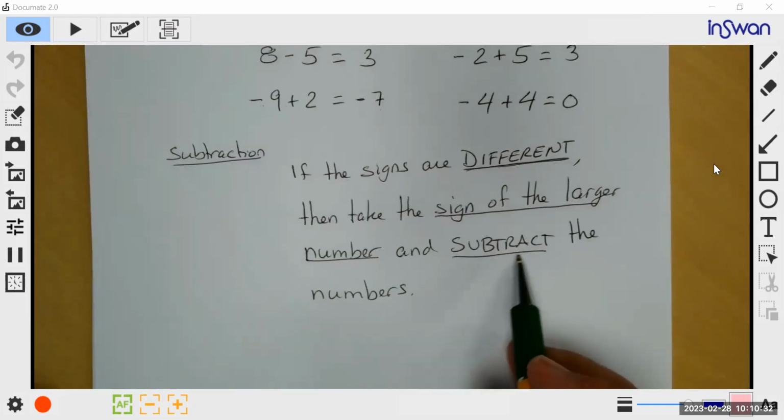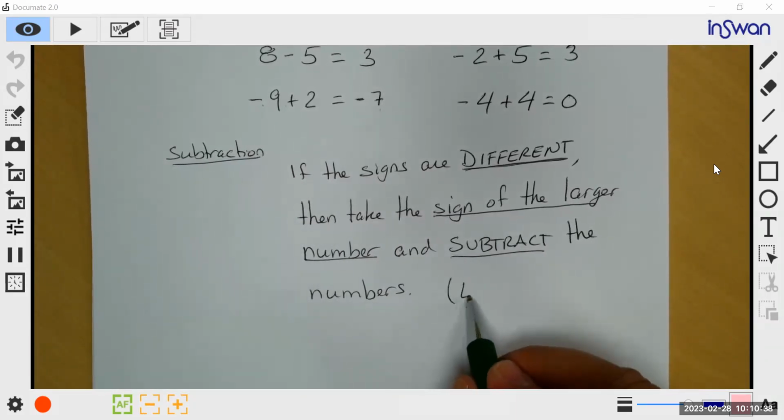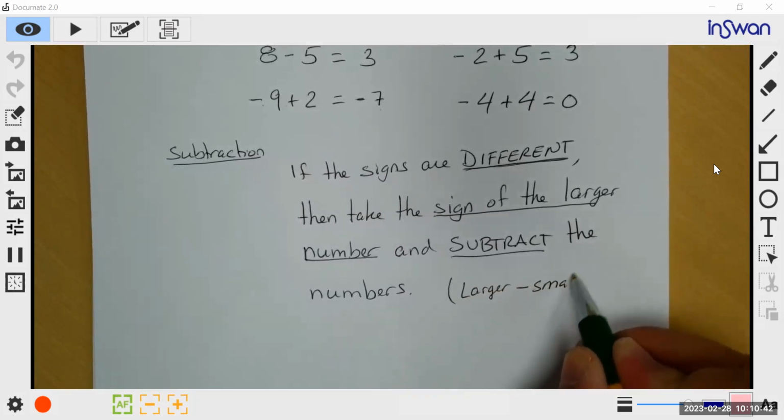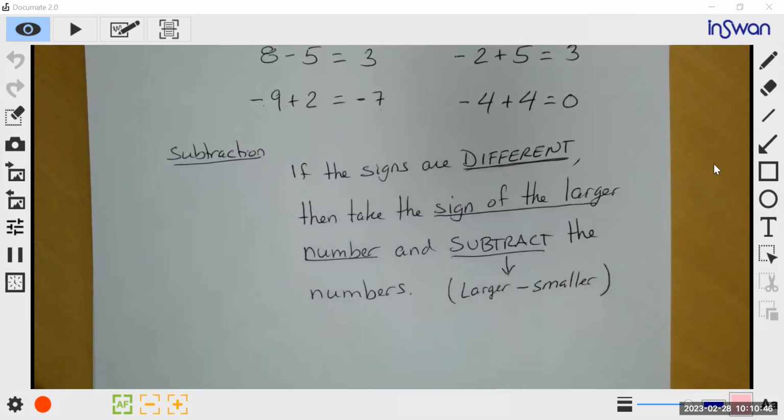Now, when we say subtract the numbers, what we mean here is this. Larger minus smaller. That's what we mean when we say subtract.